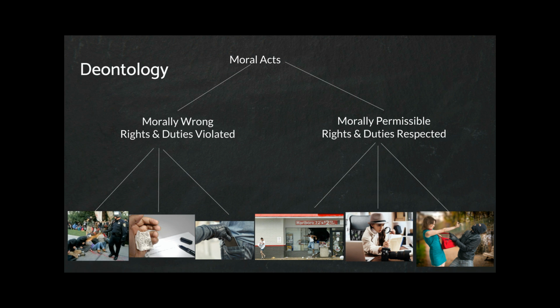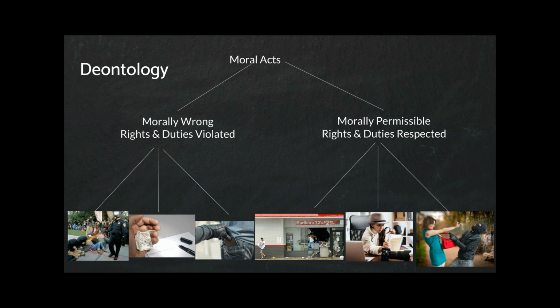And then it has a different underlying theory about what makes the difference between these two different sorts of action. So deontology says, look, the things that are morally wrong, the actions that you morally ought not to do, are those actions in which you violate someone's rights or you fail to perform your duties.